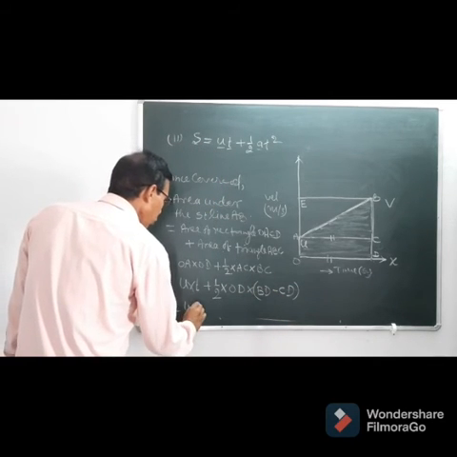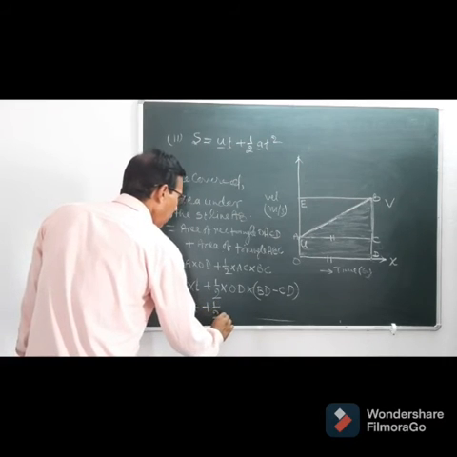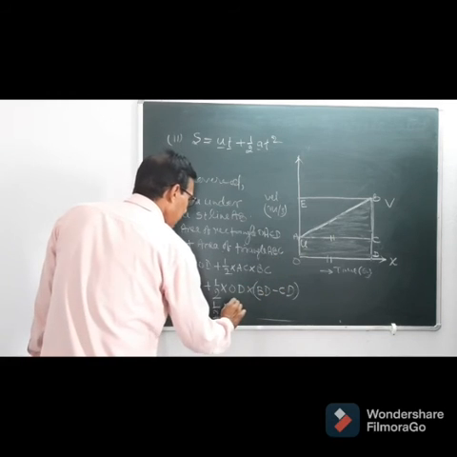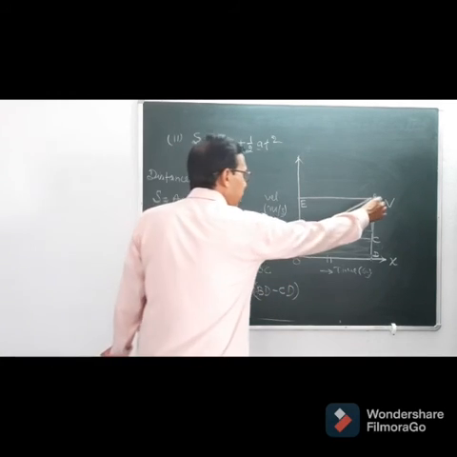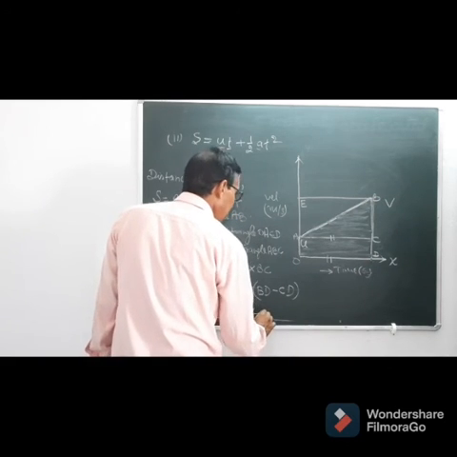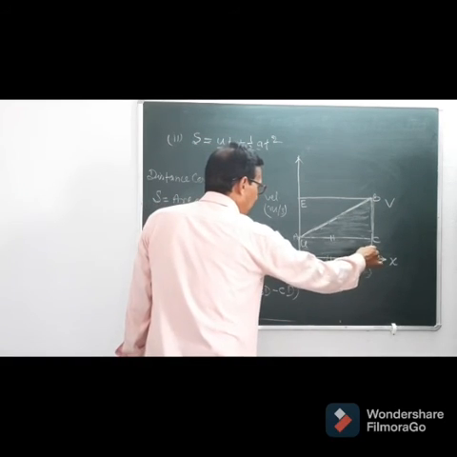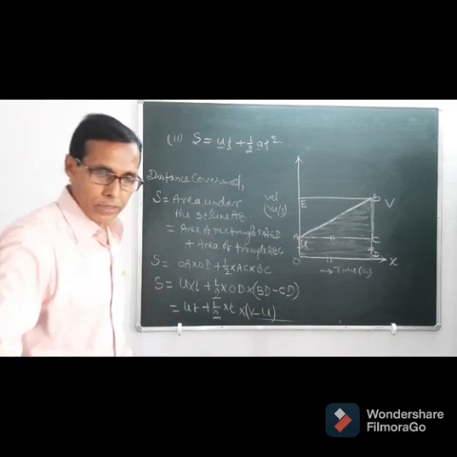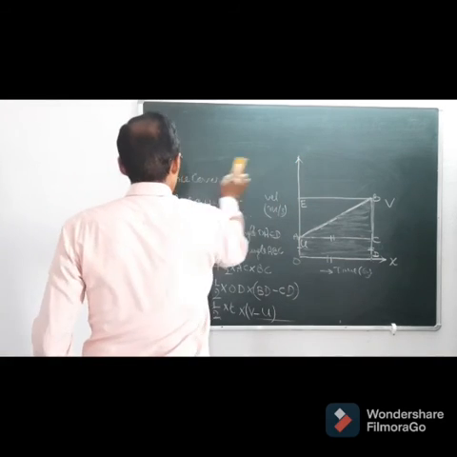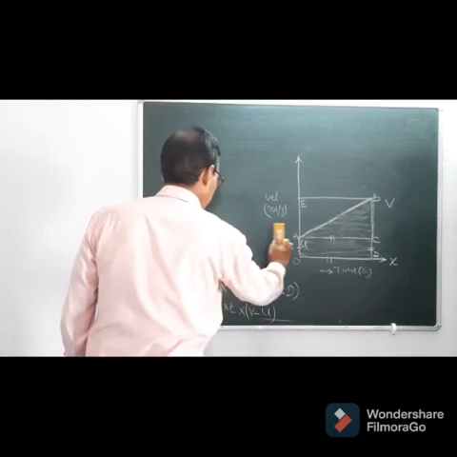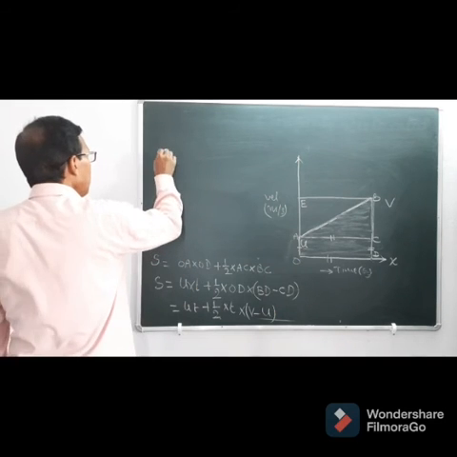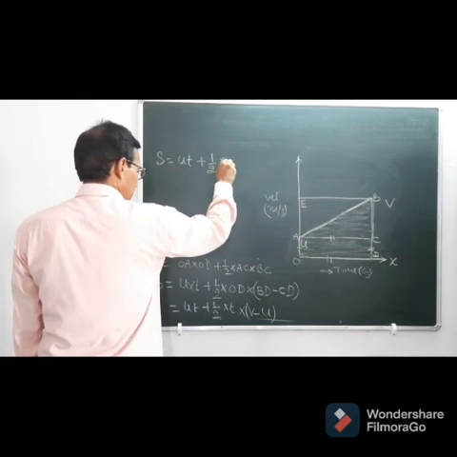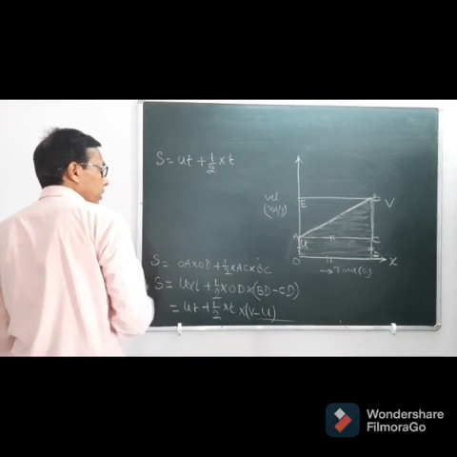So this is equal to ut plus half into OD, which represents time, into BD, the final velocity, minus CD, which is equal to OA, the initial velocity. So S is equal to ut plus half into time into (V minus U).